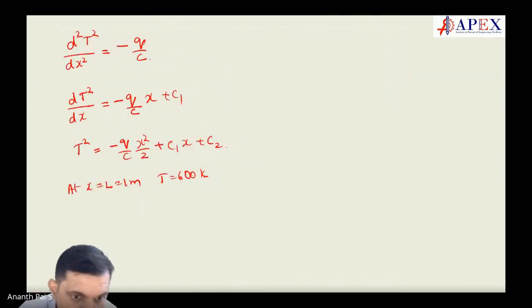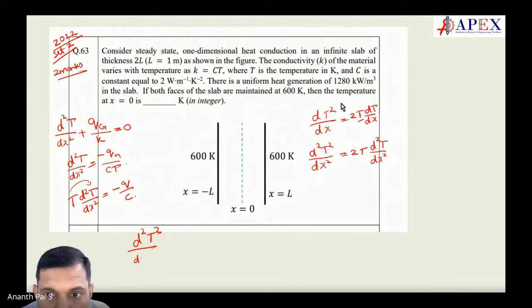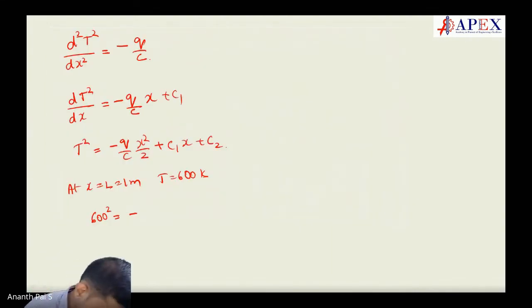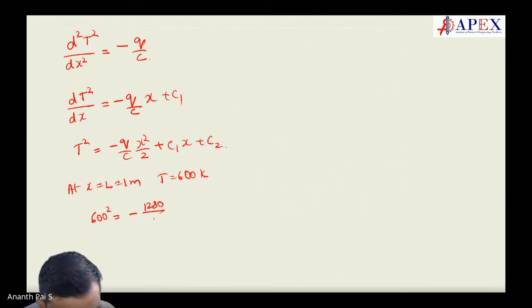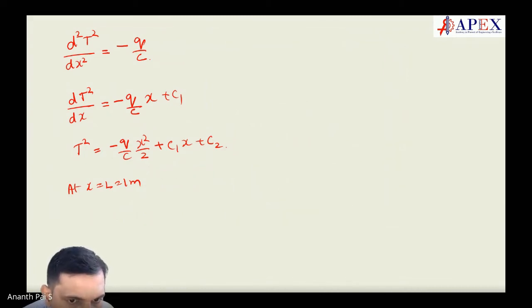So now when you put that, T square, 600 square, is equal to minus q, q generation is given, is it not? 1280 by c into x square, that is 1 square by 2, plus c1, or we'll use L notations only, so that we'll get, say, T1 and T2 they have given, is it not?